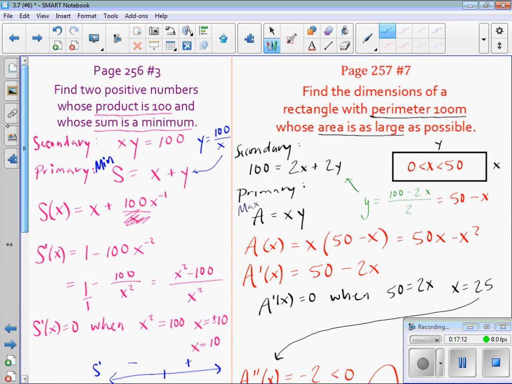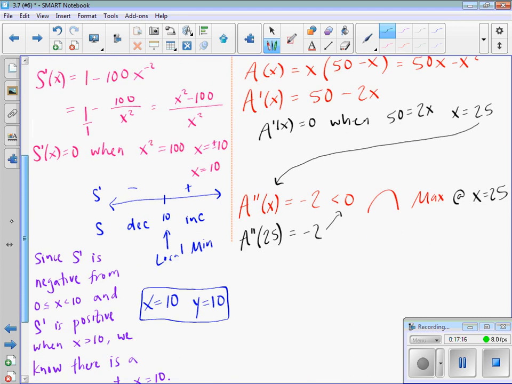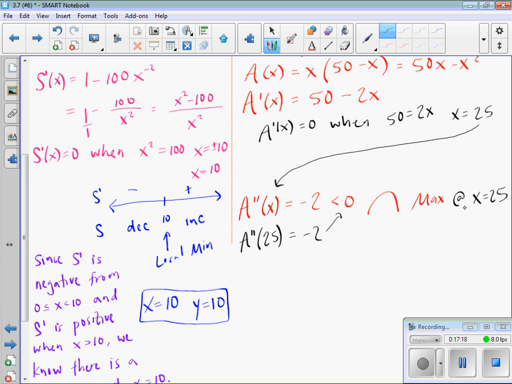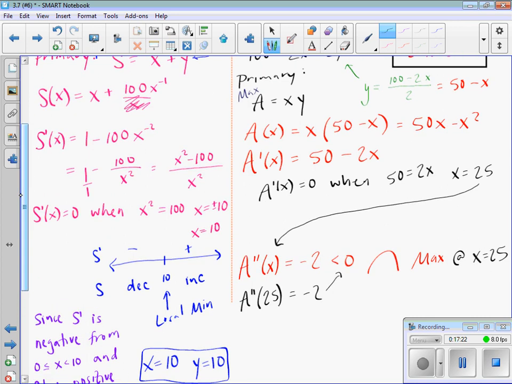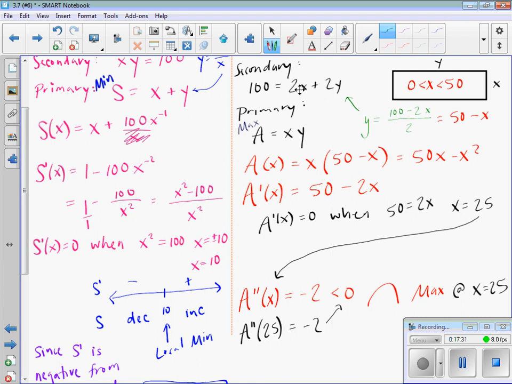So then we get to trying to find the answer, find the dimensions. So there's a max when x is 25. How do I find my y? You go back up to your secondary, right? You can plug into this one if you want to, but I already solved for what y equals.